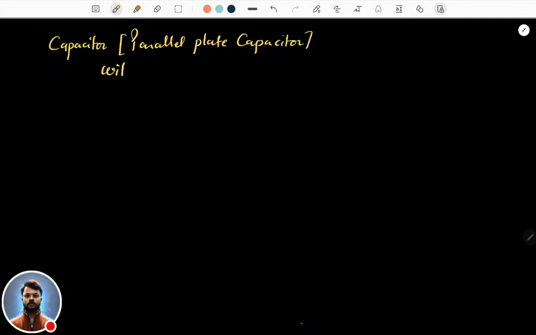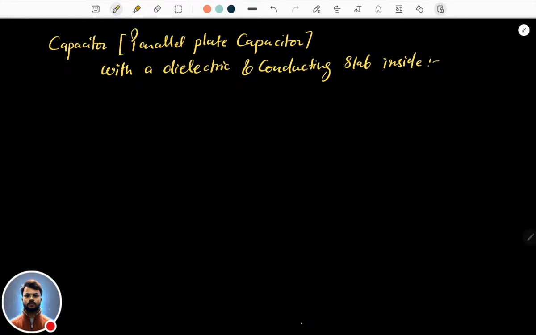Alright, so let's start the topic: the capacitor, and what capacitor, that is the parallel plate capacitor, with a dielectric and conducting slab inside.